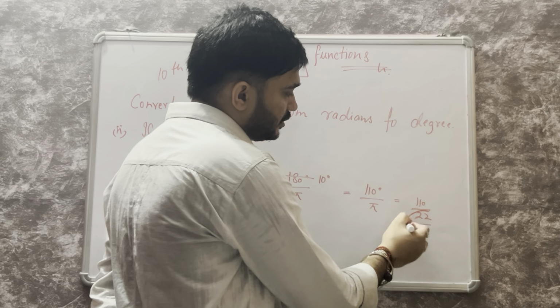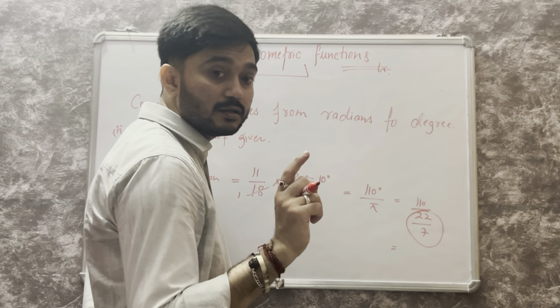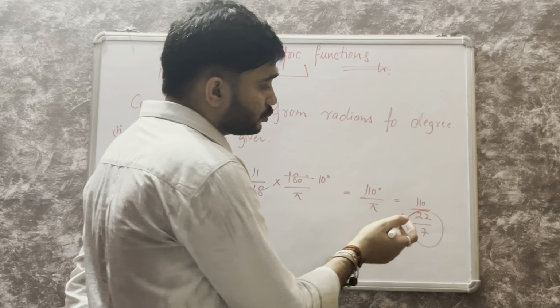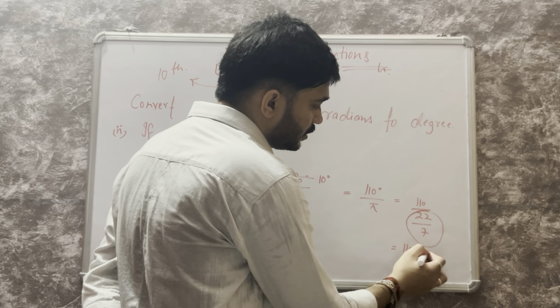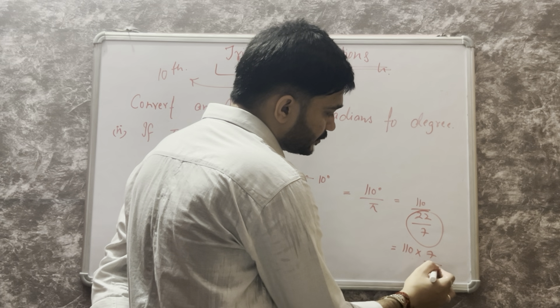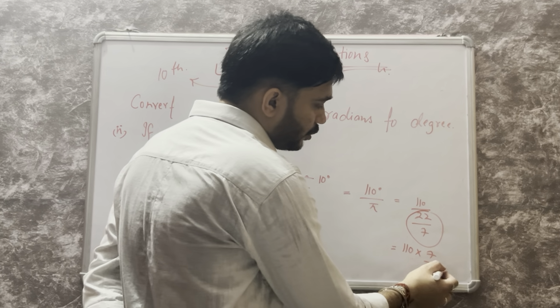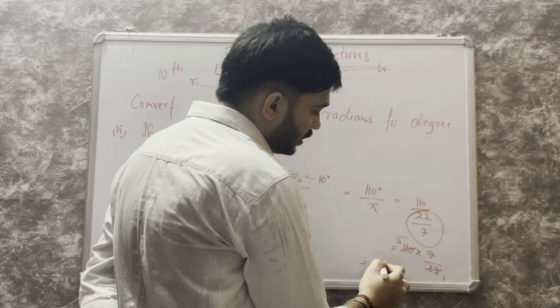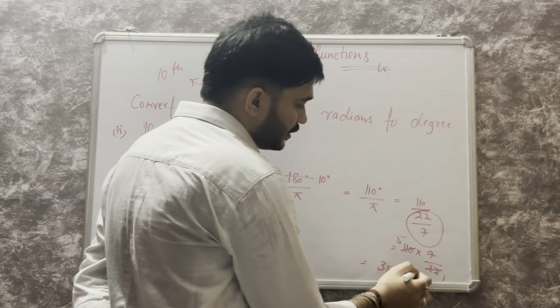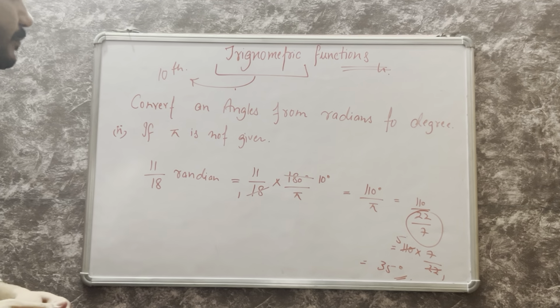Since this whole number is in the denominator, we are going to take the reciprocal in order to get the answer. 22 ones are 22, 22 fives are 110, 5 sevens are 35 degrees is the answer. Any doubts?